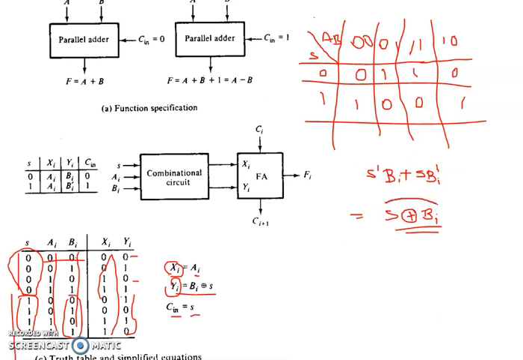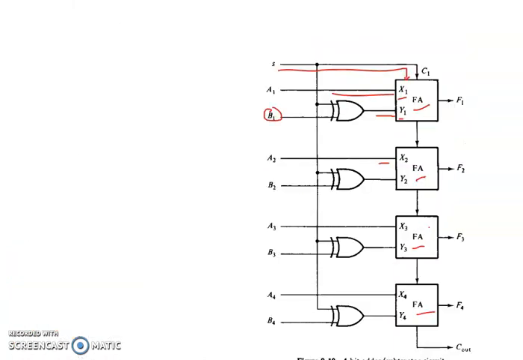Bi will be taken in this form. That is, yi will be taking the inputs in this form, that is S exclusive OR bi. So S and B will be given inside an exclusive OR gate, and then given as an input to yi. So this is the case with the one full adder circuit.